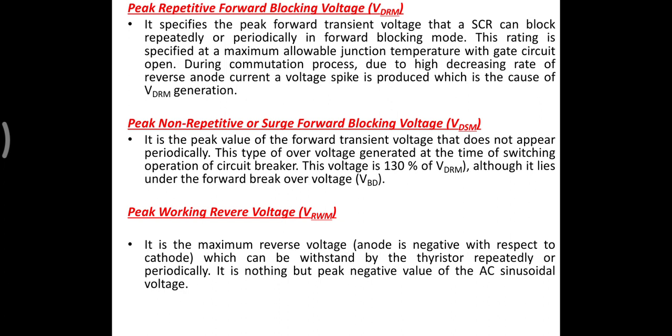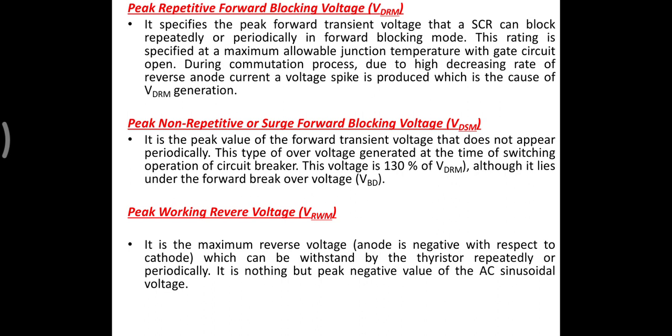Here it is non-periodic. That means the peak value that appears across the SCR during the forward blocking condition non-periodically. This type of voltage is generated at the time of switching operations of the circuit breaker.